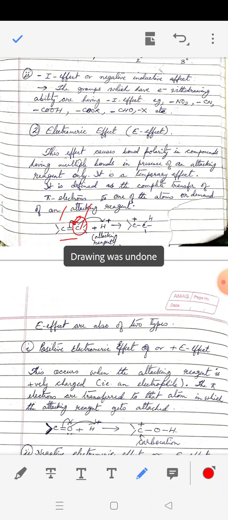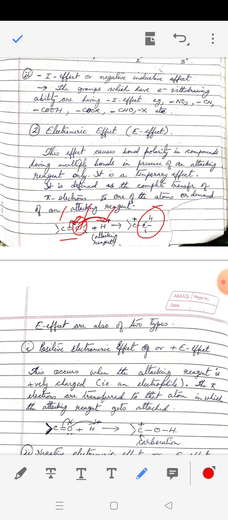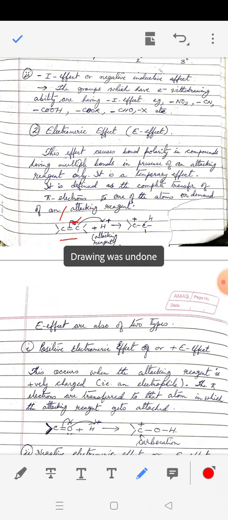Now the carbon which developed a negative charge will attack the positively charged hydrogen, and a bond is formed between carbon and hydrogen. The other carbon, which has lost its electron, acquires a positive charge. So we created a bond polarity because of the hydrogen. If the hydrogen is not there, the carbon-carbon double bond will not remain polar. So this is an effect which is operative in multiple bonds and in the presence of incoming reagents.